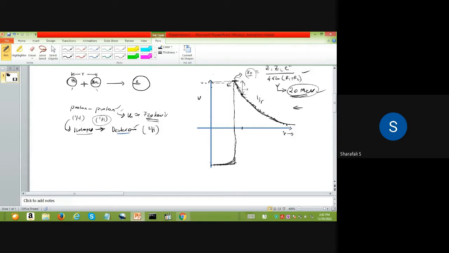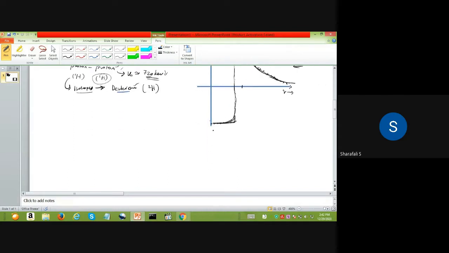Okay, so whatever we discussed so far is that we require some minimum energy to cross this potential barrier.